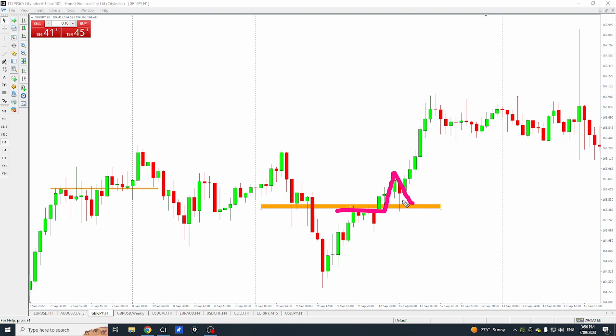Okay, so now we made a rejection, we are going out from this area to that. This is the one thing that you look for, where price is making a base, and how it's reacting on the base. These are the few things you should be looking at when you trade a breakout and retest trading strategy.